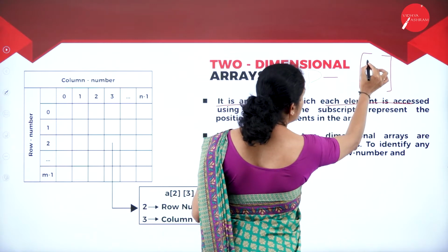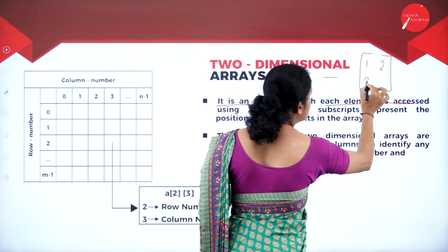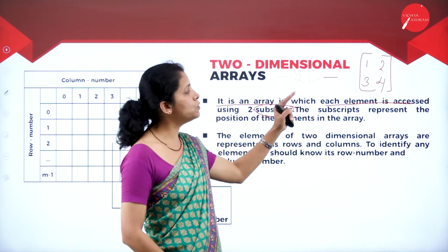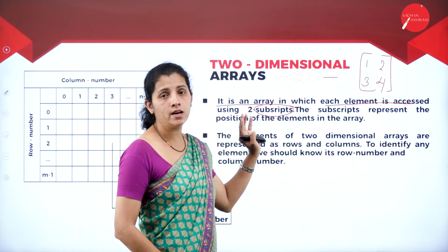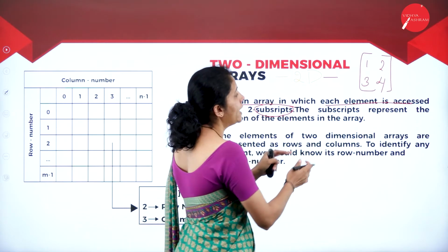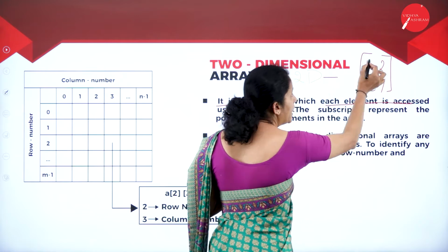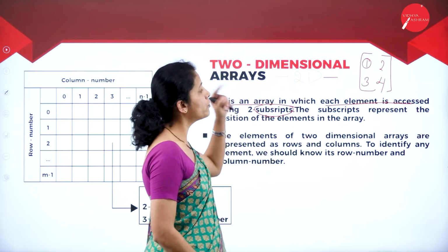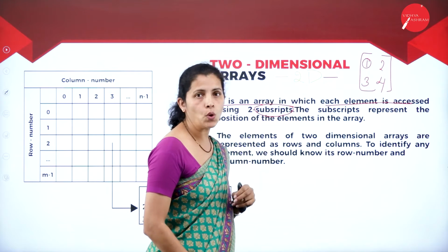So here I'm having 1, 2, 3 and 4. Now tell me how many rows and how many columns I'm having here. That is 2 rows as well as 2 columns. And if I want to access the element 1, then how can I access? With the help of the row index as well as the column index.